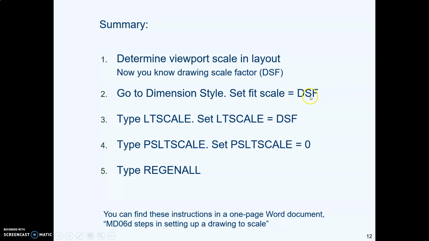And you set its scale to that drawing scale factor. So in our example drawing, it might be 2. Then you type LTSCALE and set it to 2. Then you type PSLTSCALE and set it to 0.